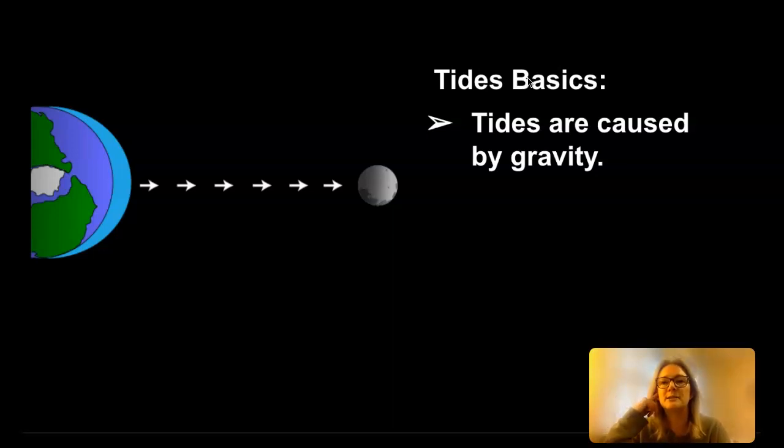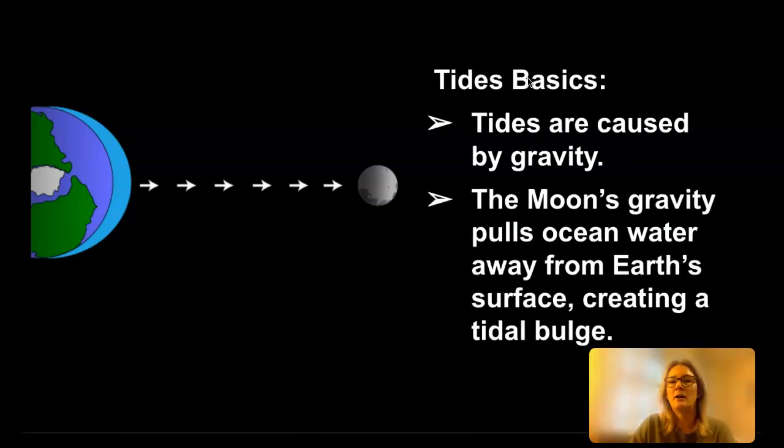So, Tides Basics. Tides are caused by gravity. The pull of the moon's gravity literally is pulling on our oceans and causing them to stretch out towards the moon a little bit. And we call this a tidal bulge.